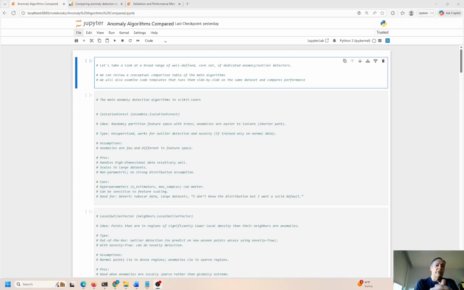So today I want to talk about anomaly algorithms, and we're going to compare and contrast a few different anomaly algos. Okay, we're going to take a look at a broad range of well-defined core set of dedicated anomaly algorithms, right? Anomaly is an outlier, so anything that's unusual, different from the data set can be considered an anomaly.